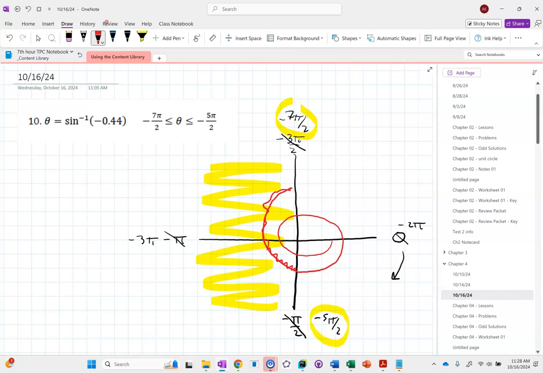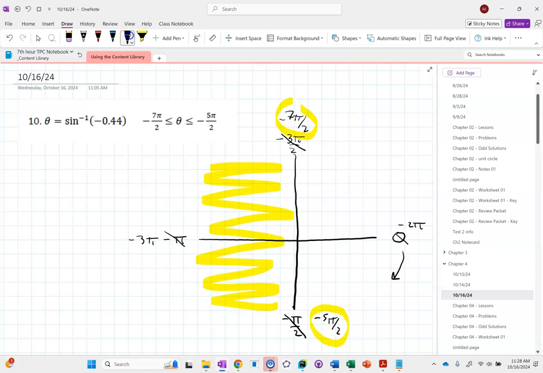I said negative 2.5, negative 3, negative 3.5. Right? So I'm just looking at those. No? Do we need to start over? Try it again? Are we looking at the negative 7 pi over 2 and the negative 5 pi over 2? Is that what we're looking at? Yeah. Because we need something that's in between those two, right? Does that feel okay? Nick, are you okay?